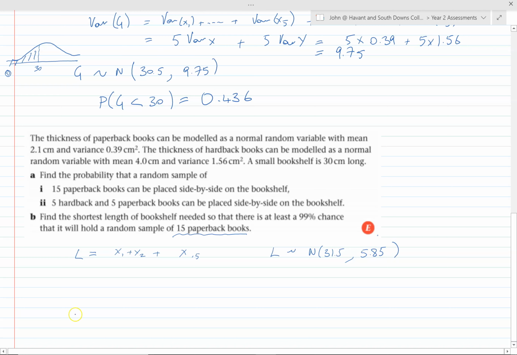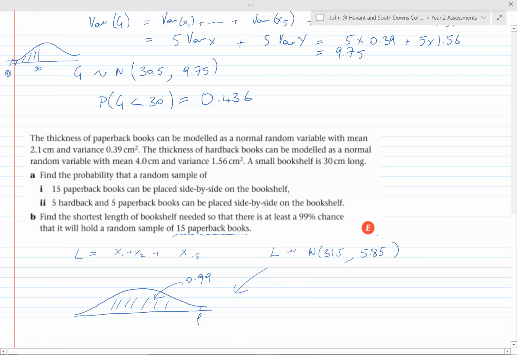And what we want is the actual size of the thing, because it's talking about what the length of the shelf needs to be in order that it's pretty unlikely that it won't be long enough. So what's this number here? Let's call it little l, such that 99%, this number here is 0.99 here.